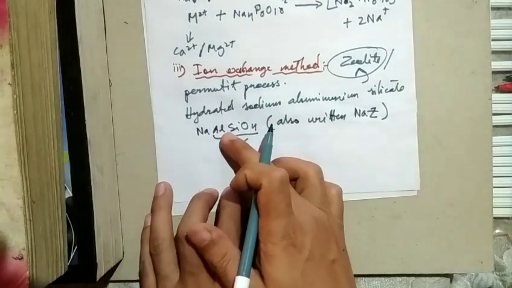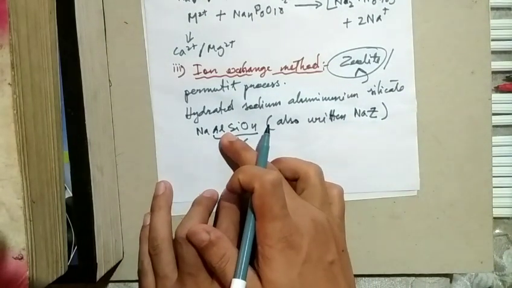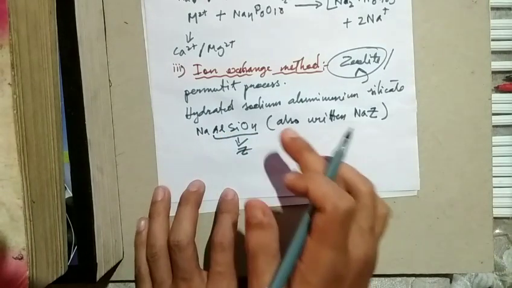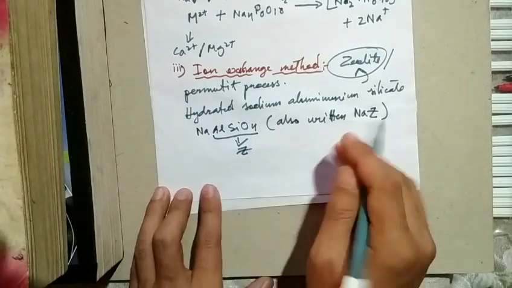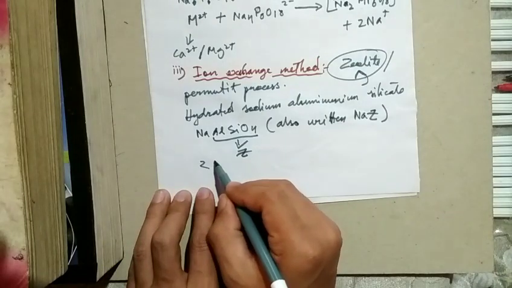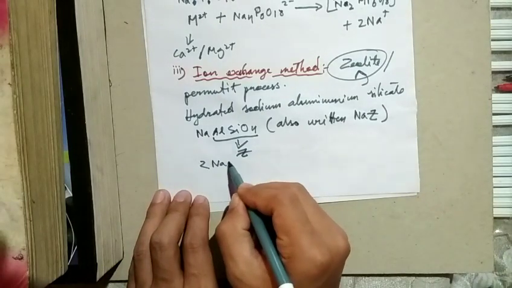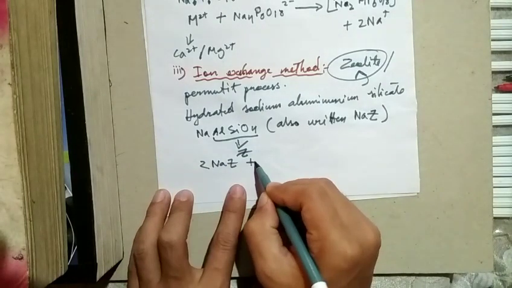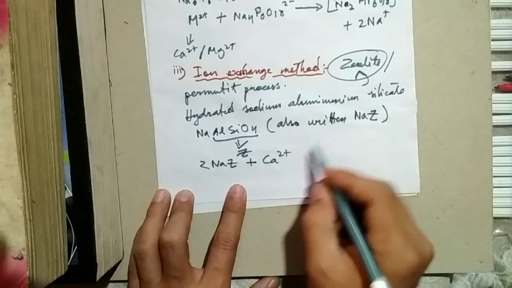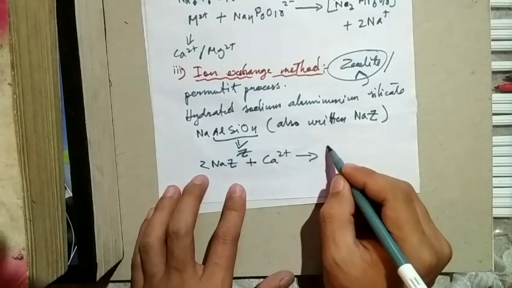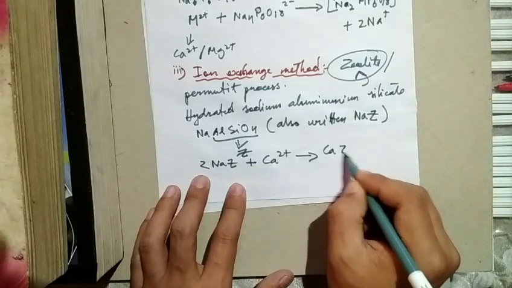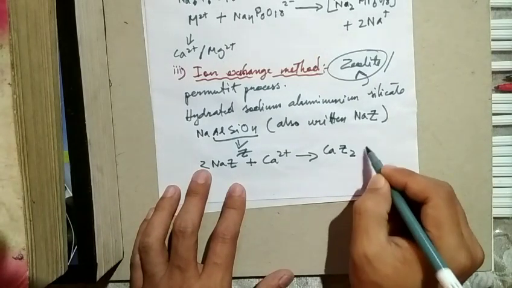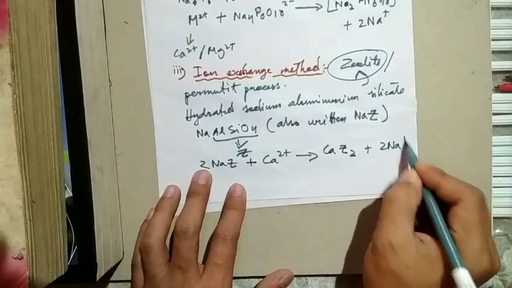So this sodium aluminum silicate is added in water. The reactions taking place, we'll see: 2NaZ plus Ca2 plus gives CaZ2 plus 2Na plus.